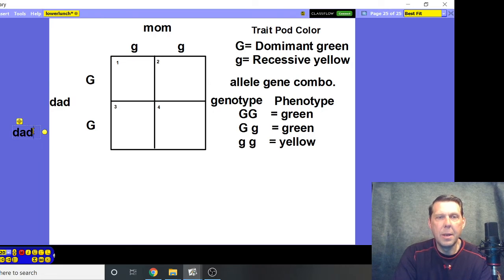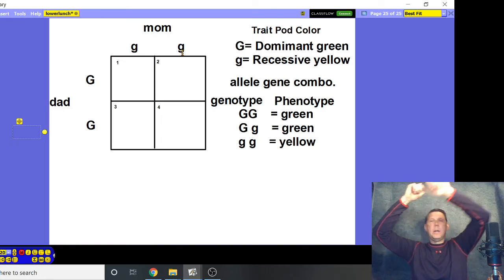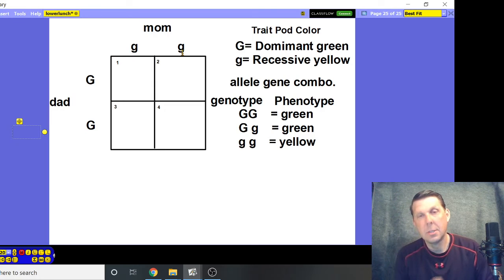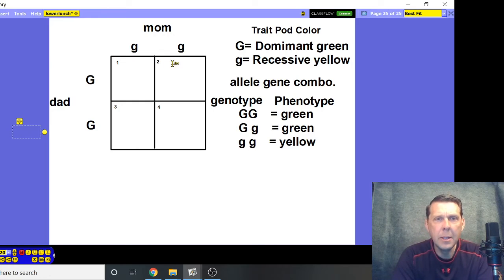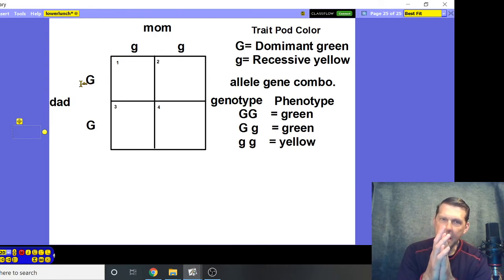And this mom plant, from its parents, must have inherited a lowercase g and a lowercase g, at least because she has them. She got them from her parents, and they got them from their parents, and they got them from their parents. Study of heredity. All right, let's run the Punnett Square. So in the process of reproduction, you get information from mom and information from dad.